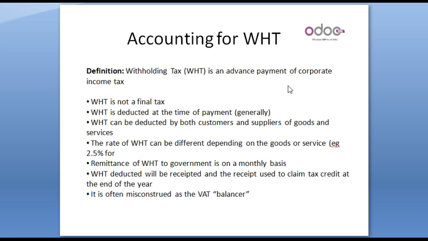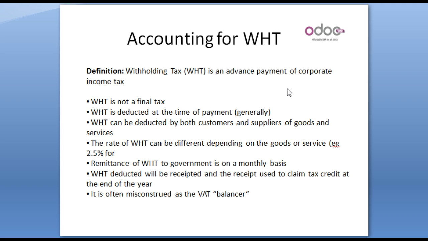Now, when it comes to remittance, government usually prescribes that the remittance of withholding tax be done on a monthly basis. When the withholding tax is deducted and the money remitted to government, government will issue a receipt.